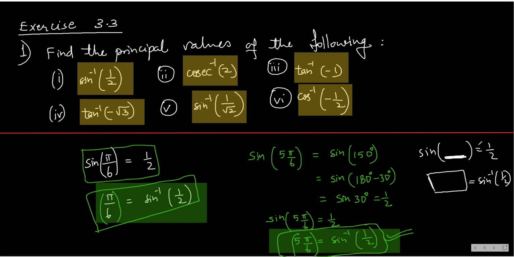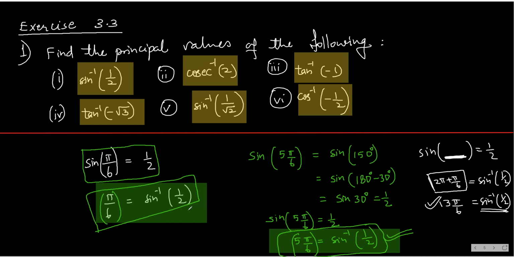Like 5 pi by 6, you can have 2 pi plus pi by 6, which is 13 pi by 6. So sine inverse of 1 by 2 can also be 13 pi by 6. This is also correct, you can't say it is wrong, but it is discarded because it cannot be accepted. How can you accept sine inverse of 1 by 2 as more than one value? That will not let your calculation happen.